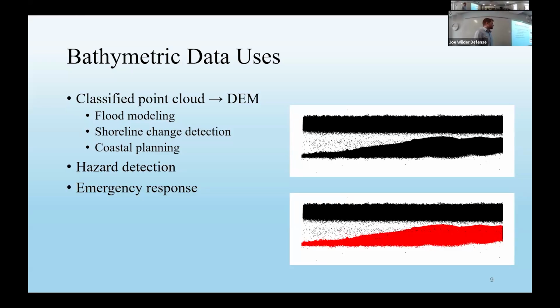Another big thing is hazard detection and emergency response. Another way to detect bathymetry is with sonar, but it can struggle in the shallower areas. So that's the niche that LiDAR has. You can get a plane in the air and quickly scan the more shallow areas.